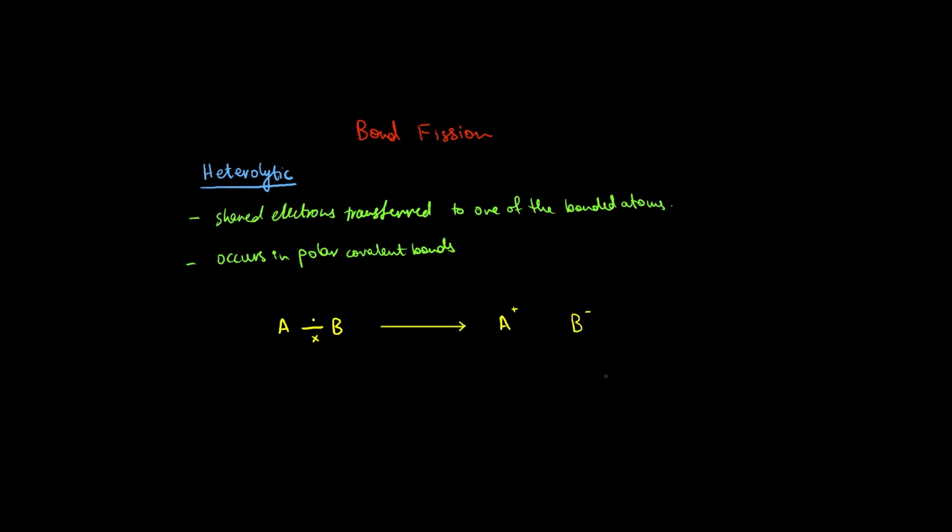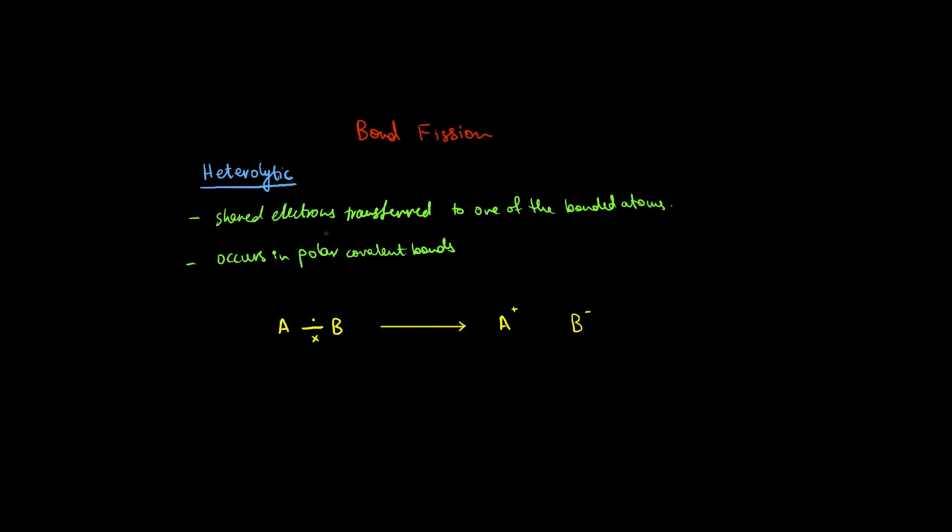What we'll be studying here is the types of bond fissions that lead to certain reactions taking place. These fissions occur only in covalent compounds. Keep that in mind. There are two types of fissions, heterolytic fission and homolytic fission. We'll be doing both of these in this video.